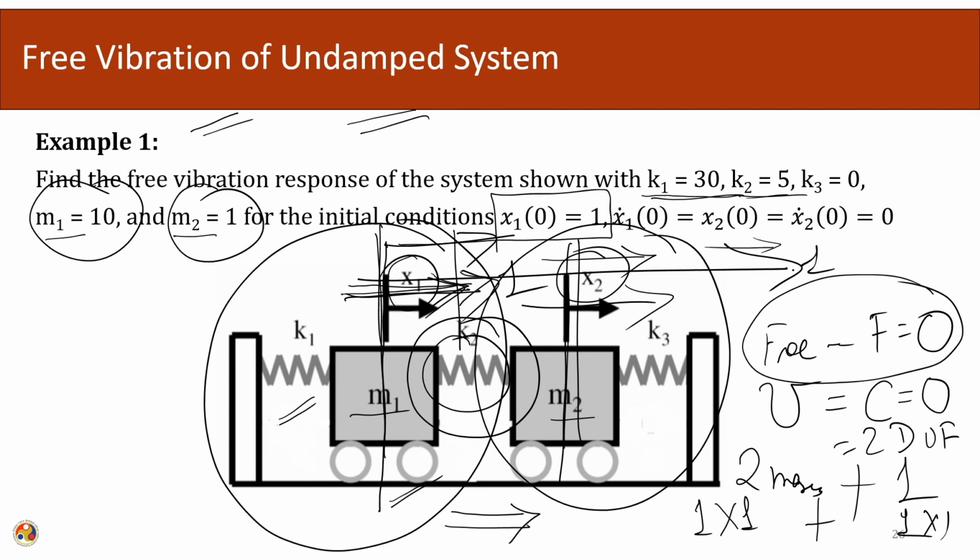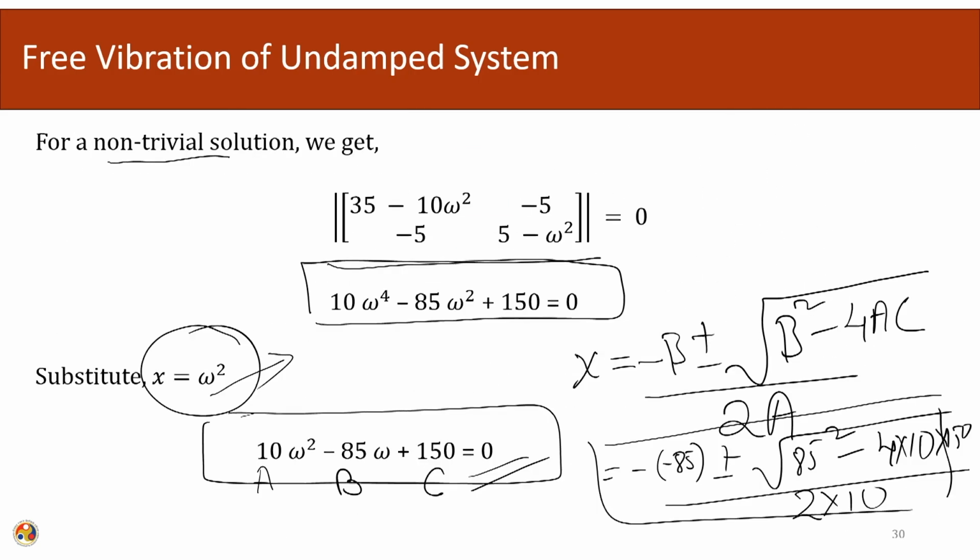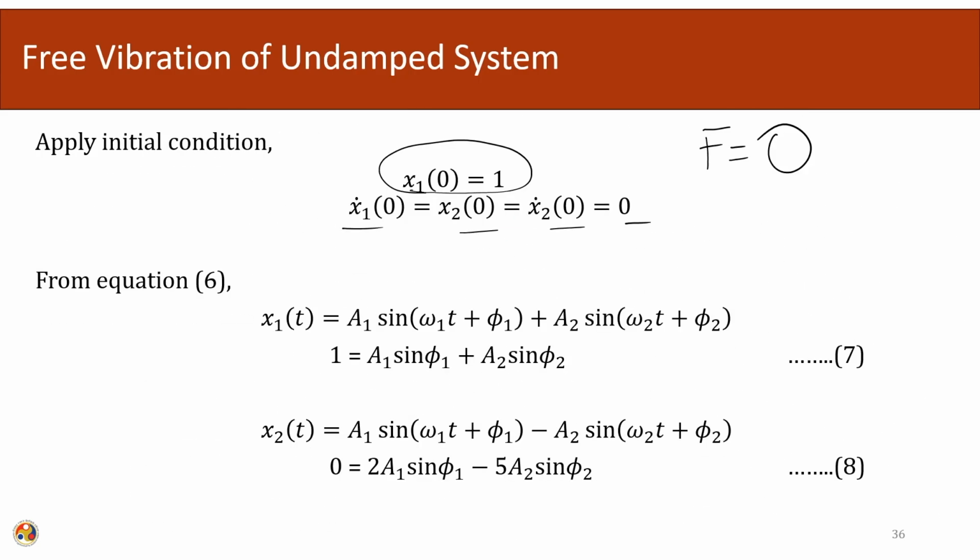Due to this initial displacement, this system will try to oscillate. So, these are the initial conditions. These initial conditions are put into the two equations in order to calculate the values of the A1 and A2 components.